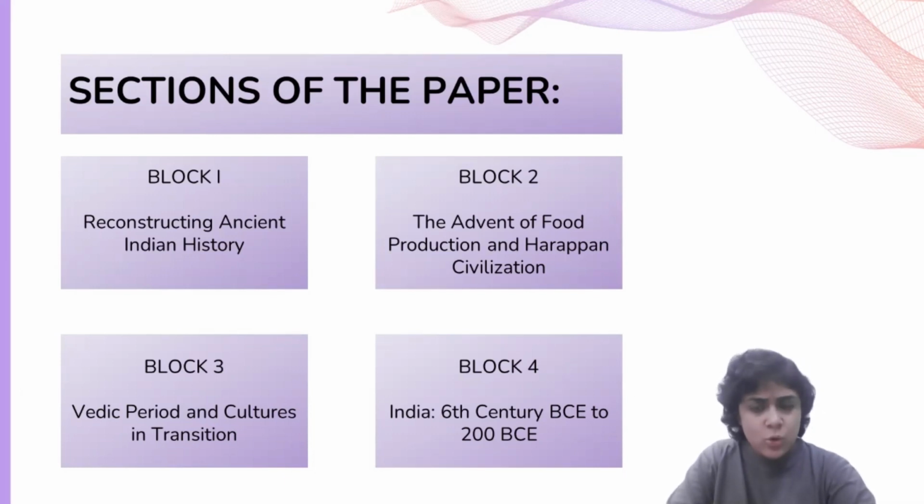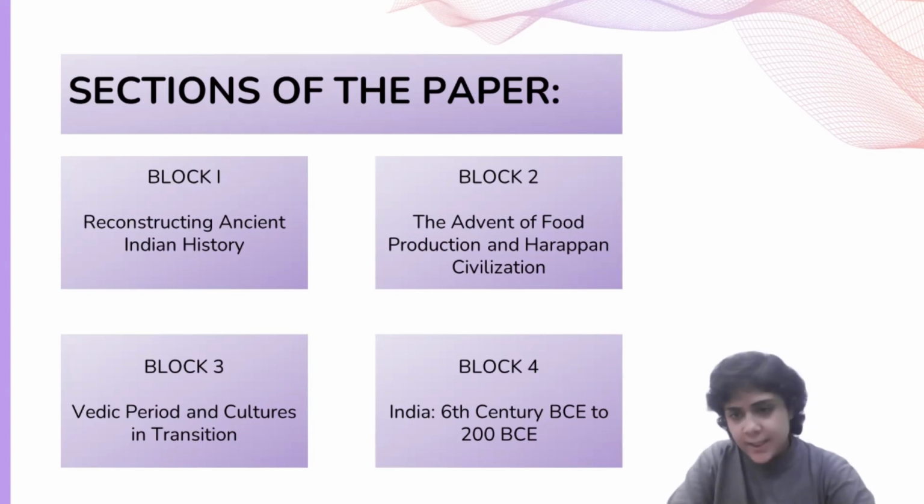Block 2 takes you on a journey of exploration into the transitional phase leading to the emergence of proto historical cultures in the Indian subcontinent, offering insights into this pivotal period of our history.